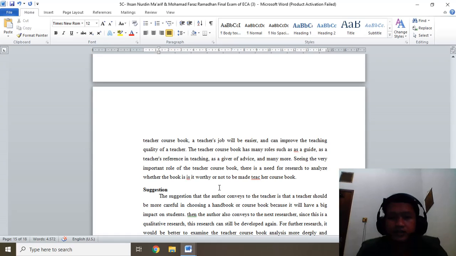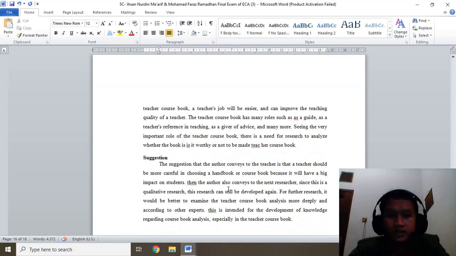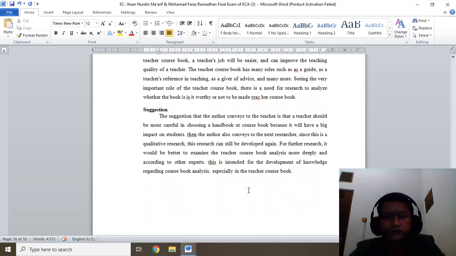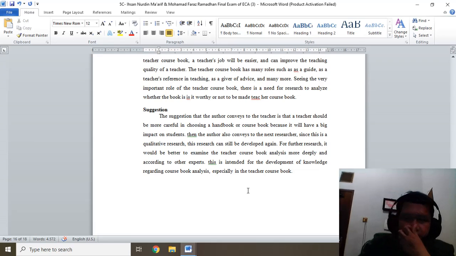Seeing the very important role of the teacher's course book, there is a need for research to analyze whether the book is worthy or not to be made as a teacher's course book. And for the suggestion that the author conveyed to teachers, the teacher should be more careful in choosing a handbook or course book because it will have a big impact on students.